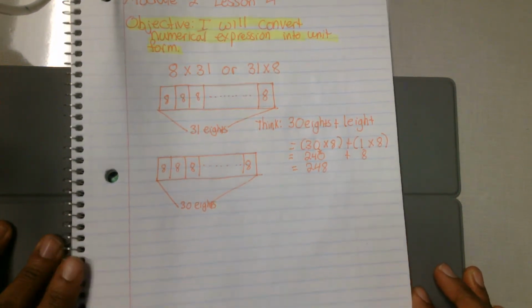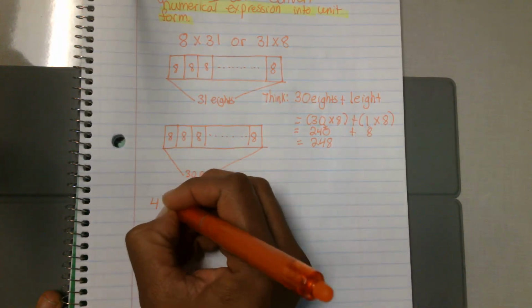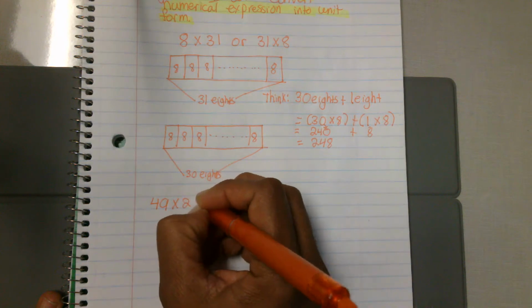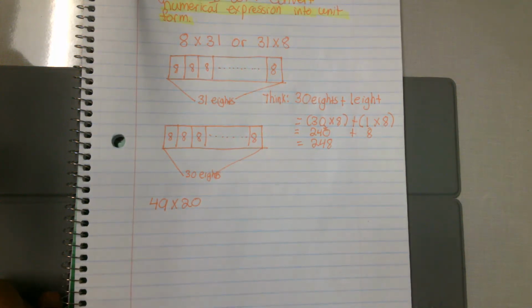Okay, we're going to try another one where now we're going to fill in all those boxes together. So we're going to do 49 times 20. We're going to think of 20 as our unit, right? It's easier to think 49 20s.